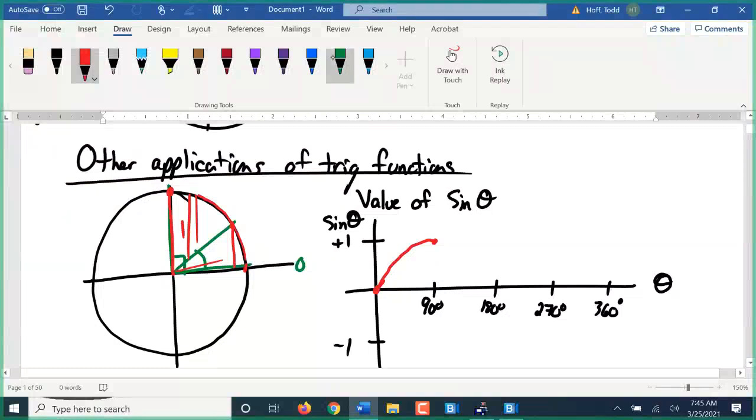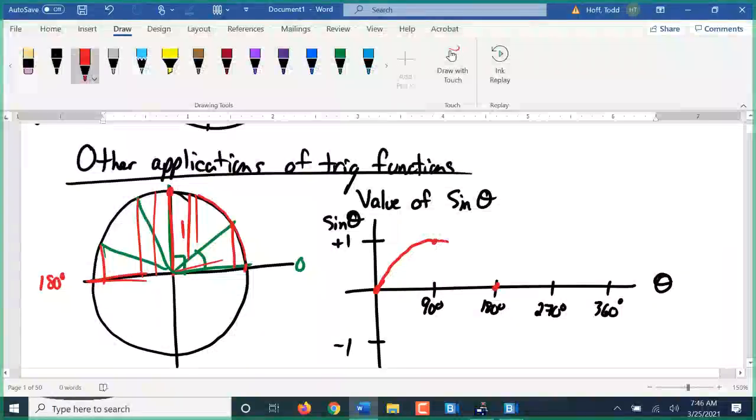Now, as the terminal side continues past 90 degrees, the sine gets smaller. Again, it gets smaller slowly at first, but over in here, it starts to get smaller very, very quickly until it hits 180. At 180 degrees, again, that sine is 0.